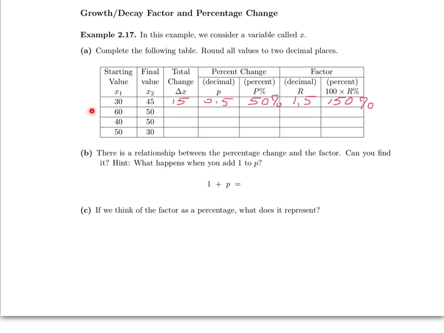Now let's look at the next row. In this case, the variable is decreasing in size from 60 to 50. That corresponds to a total change of -10, negative because of the decrease. The percentage change is found by taking the -10 and dividing by the starting value, namely 60.